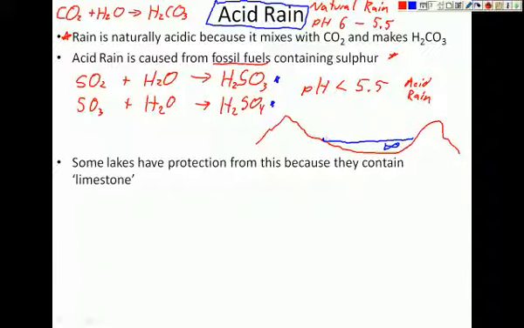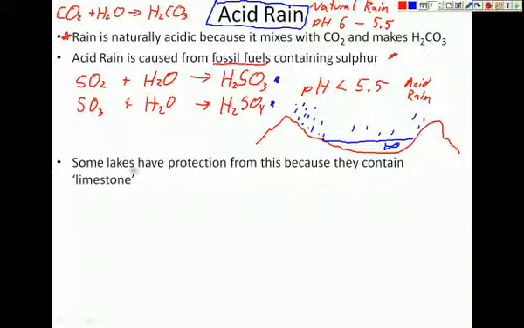The acid rains down on the mountainside, and of course it rains directly into the lake. It causes the lake to turn acidic, and it can kill the fish and the plants in the lake. It can really damage lakes.